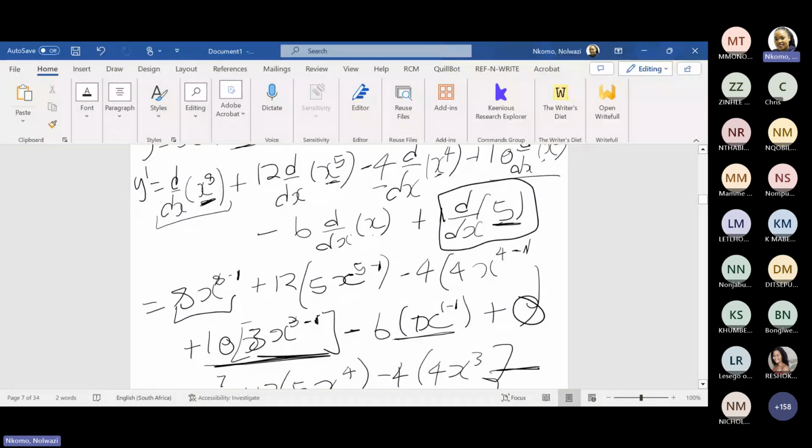Yes, it's plus 0, because you remember rule 1 says the derivative of a constant is 0. And 5 is a constant, so the derivative of 5 is 0. Thank you.